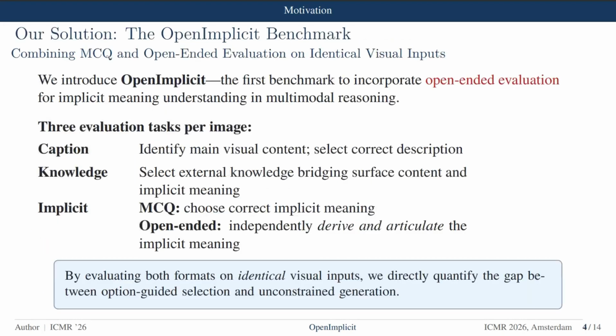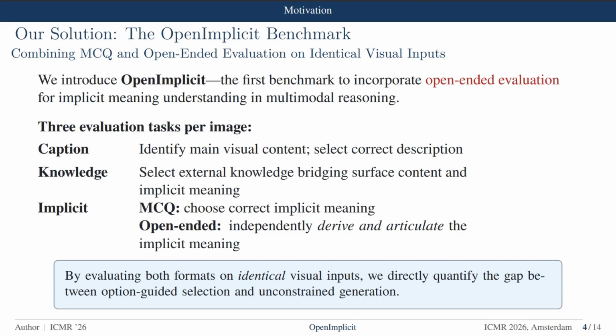To address this, we introduce OpenImplicit, a benchmark that uniquely combines both multiple-choice and open-ended questions for the same images. This enables a direct, fair comparison between option-guided selection and independent reasoning. We define 3 evaluation tasks: caption, which tests visual content recognition; knowledge, which evaluates whether models possess the bridging external knowledge; and implicit, which includes both MCQ and open-ended components.